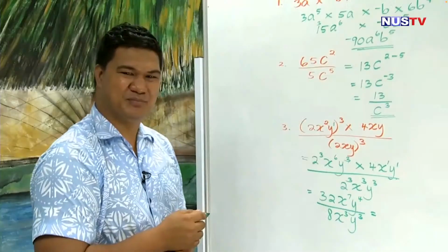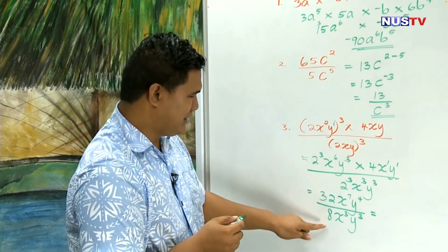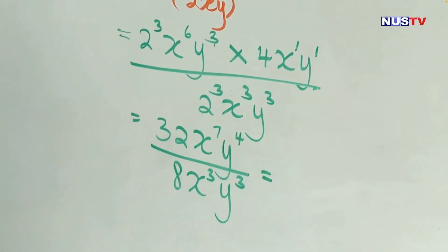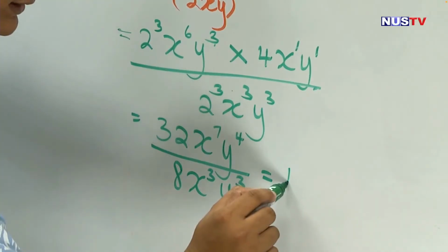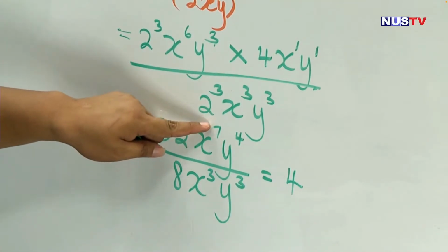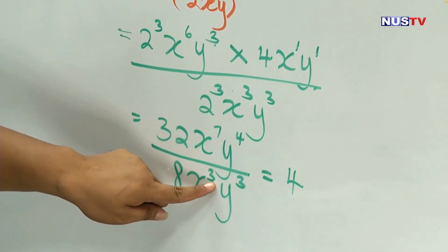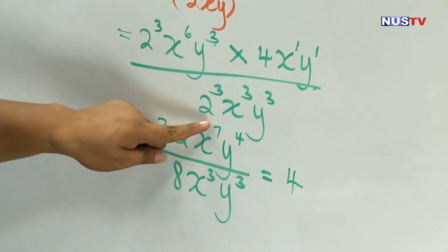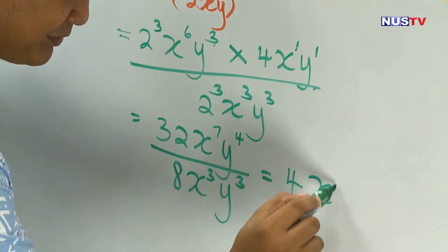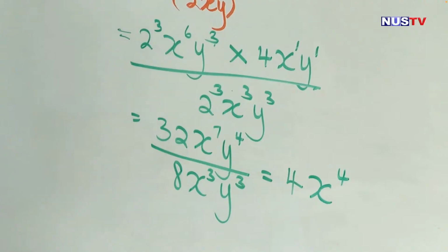So the last step is to do our division last. 32 divided by 8, the answer will be 4. x to the power of 7 divided by x to the power of 3 will be x to the power of 7 minus 3, so the answer will be x to the power of 4.